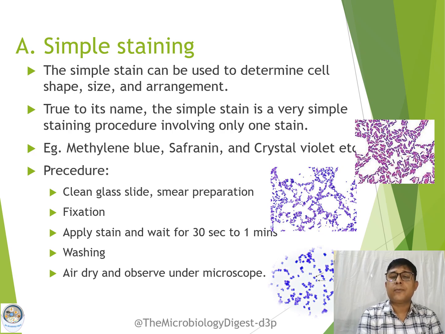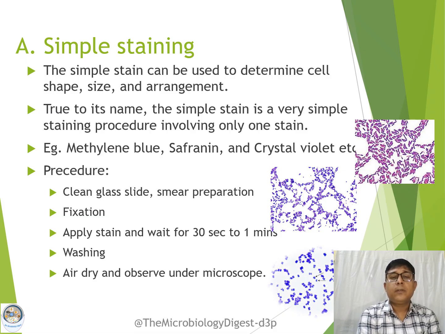These properties can be studied by applying a simple staining method. As its name implies, it is a very simple technique and only one type of stain is used. Examples, as I already cited earlier, are methylene blue, safranin, and crystal violet. These are examples of positive, simple stains.